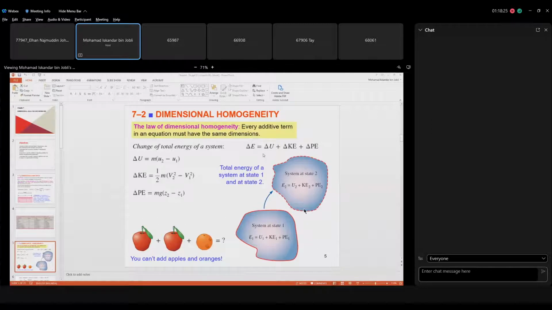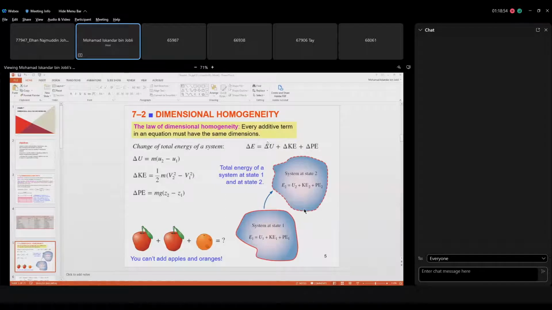Dimensions as well as units must be the same, because the unit will represent the dimension, just like what you've been introduced in the first slide. So delta E is in joule, this one is in joule, this one is in joule, this one is in joule, so it's correct.